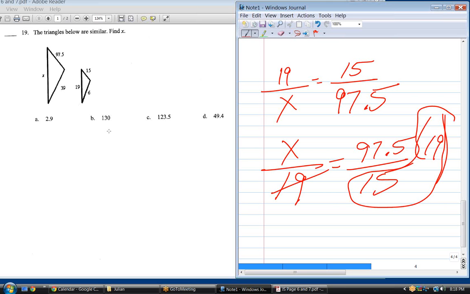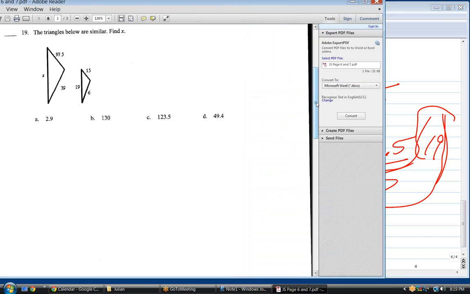Go ahead and do 19 divided by 15 times 97 and a half, all in one step. 19 divided by 15 times 97.5. 123.5. Okay, my guess was wrong.